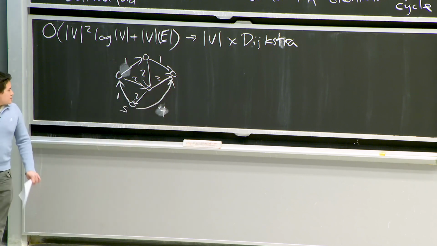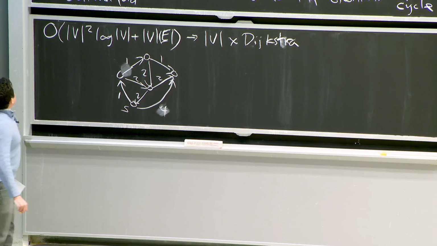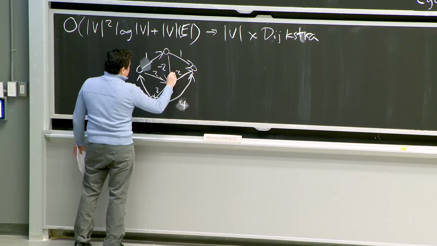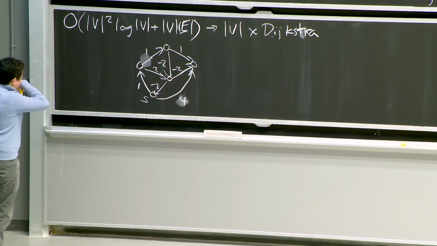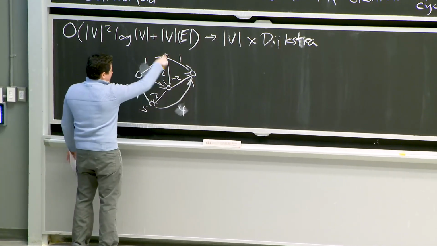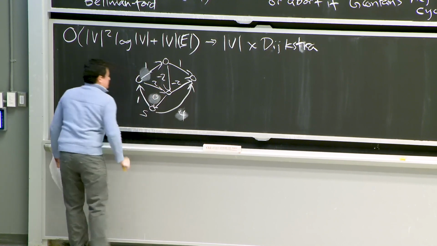So this is an example of a graph we might want to run all pairs shortest paths on. Maybe we also have negative weights in this graph. In particular, this has a negative weight cycle. I don't want negative weight cycles, so I'm going to make this 0.